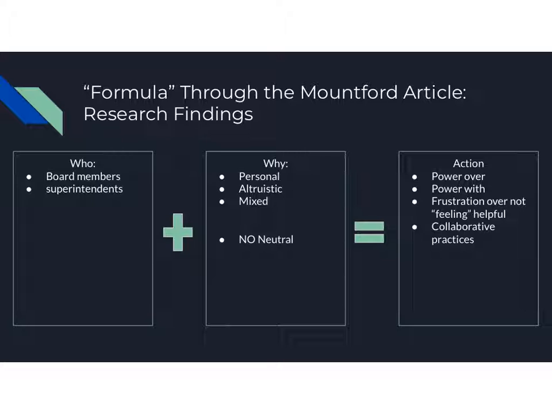However, for male and female, you did still see that mix or the personal or the altruistic. Although they did say that the females tended to be less mixed and more one or the other on the spectrum of personally agenda motivated or altruistically motivated. So I did find that to be an interesting finding.